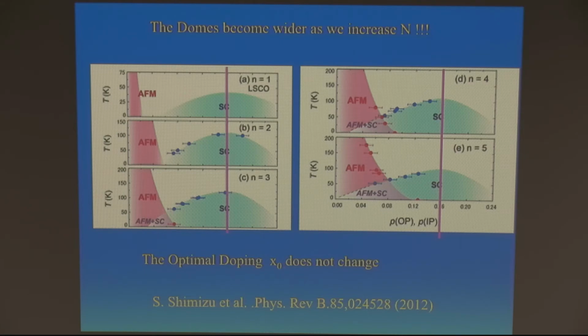You see, this is LSO, n equals 1, but 2, 3, 4, and 5 are not LSO. No, LSO has just one layer. Yeah.